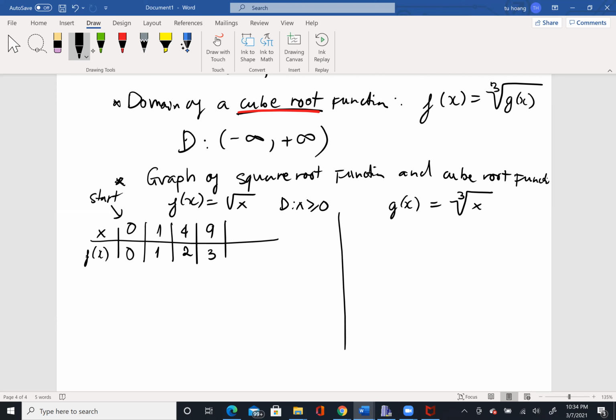In the cube root function, I know that the domain is all real numbers. So for x and g of x, I can start from a negative number.